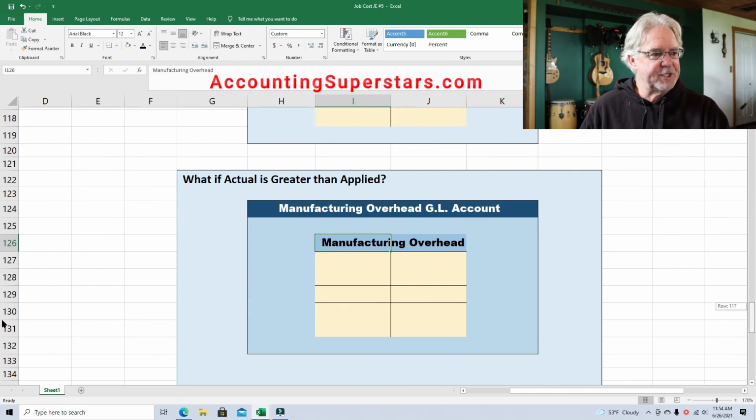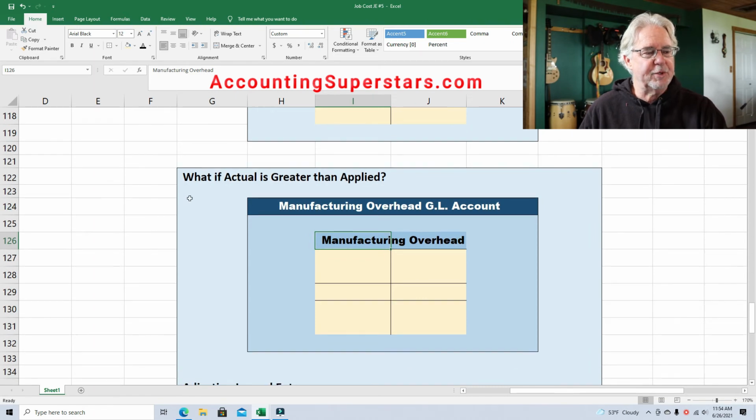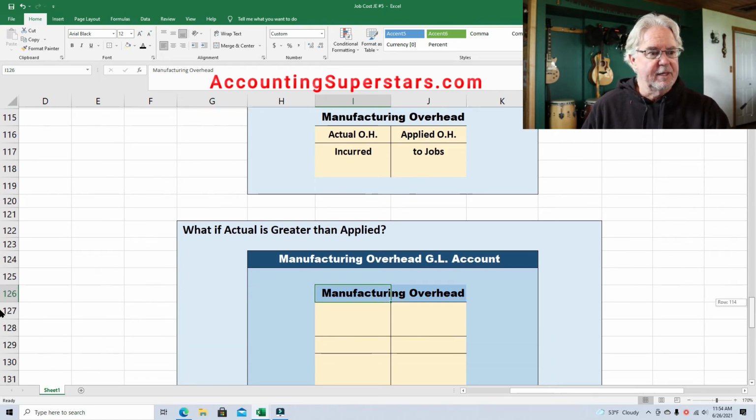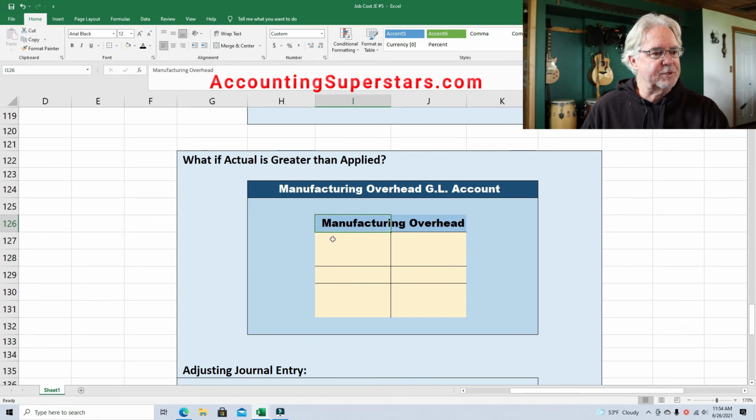So here's a question. What if actual is greater than applied? In other words, what if the left-hand side ends up being larger than the right-hand side? What are we going to do? Because it needs to end up being 0 because it's just a temporary account. Here are some numbers.